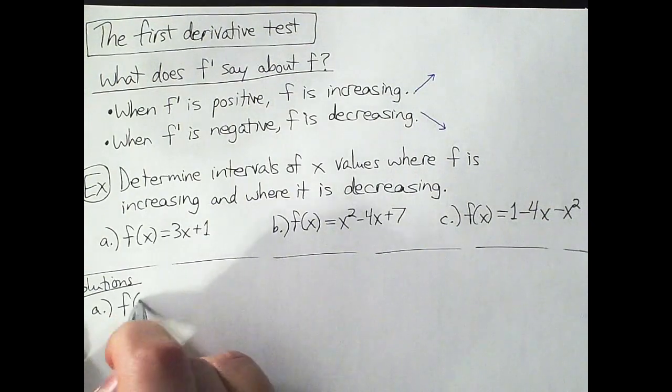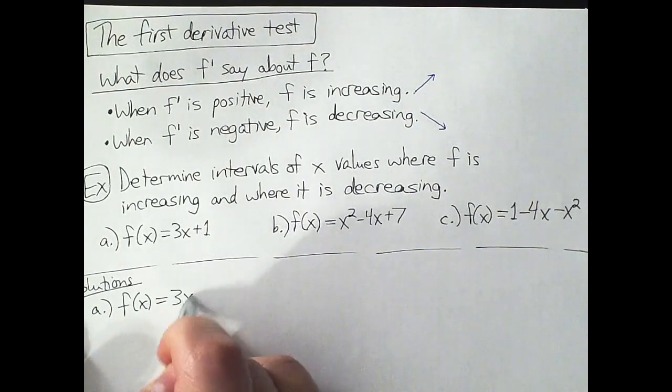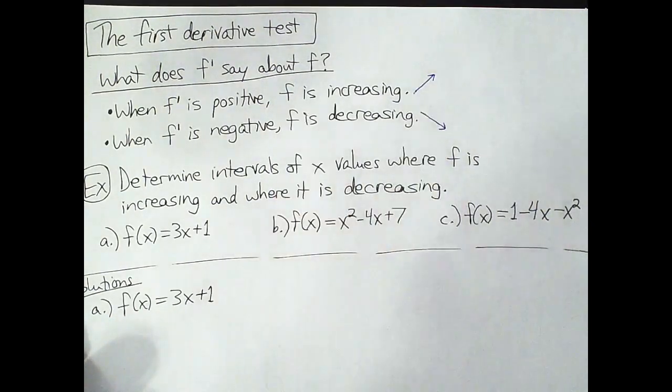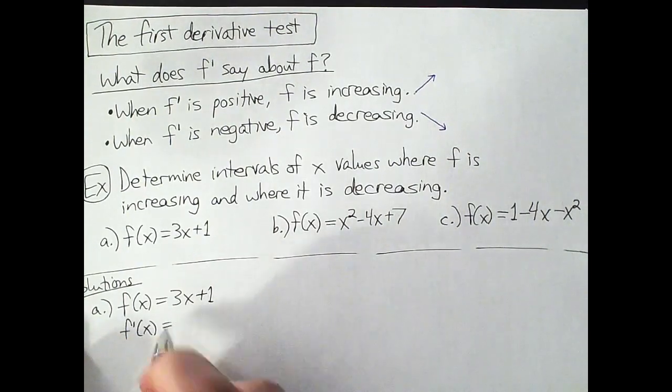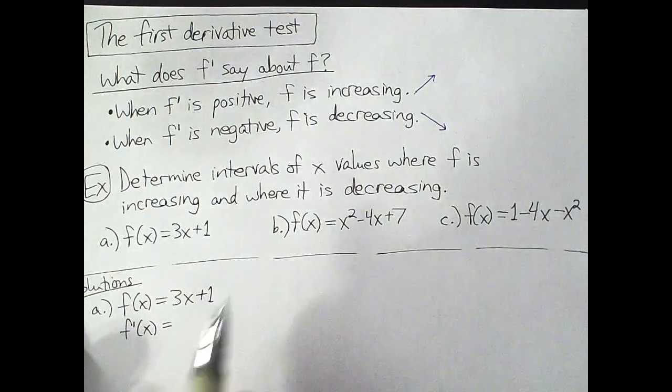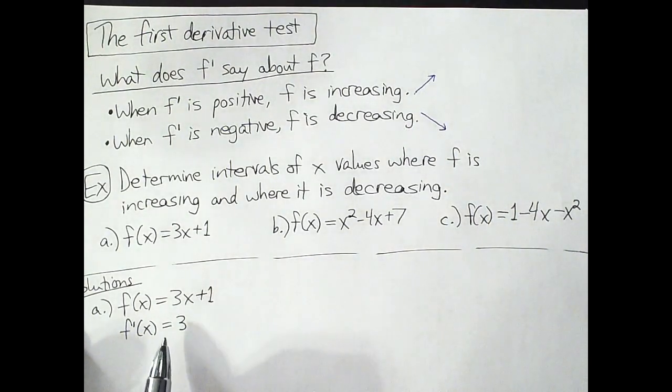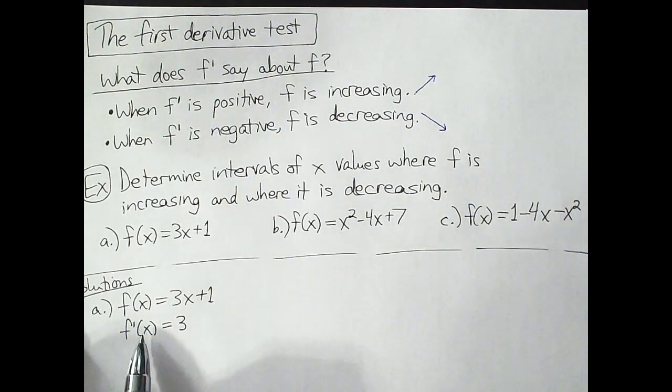All right, so if we're given the function 3x plus 1, if we want to follow what's said above about f prime being positive or negative, we could very quickly find the derivative of this function, right? The derivative of 3x plus 1 is just 3. So, imagine putting in different x values now.